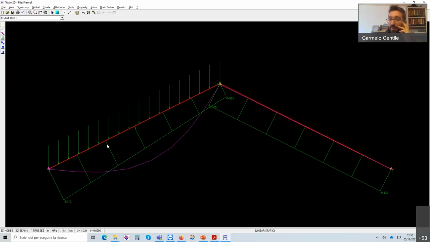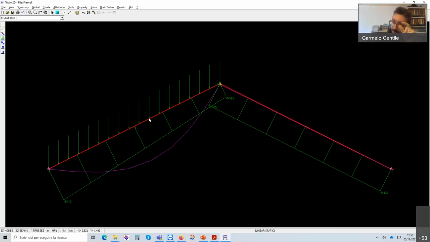And why? Because the beams are not horizontal, but they are inclined. So we have to consider that the vertical load has two components, one longitudinal and one transversal.